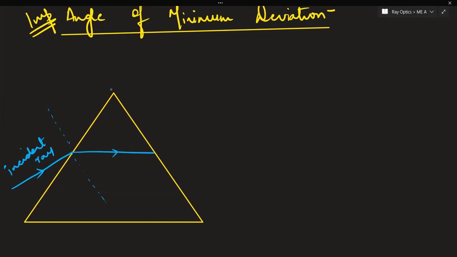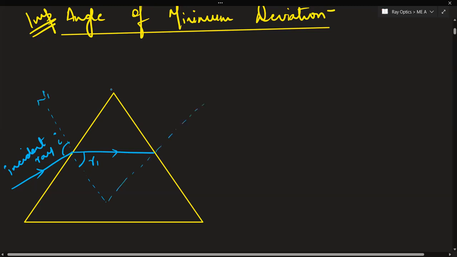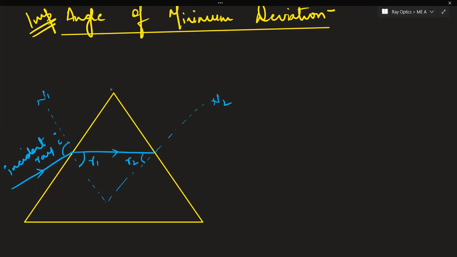So see, this is the angle of incidence. This is the angle of refraction, let's say R1. And at this surface also, we'll drop a normal, let's say N1. This is N2. And this is, let's say, R2, the angle of incidence from inside. And finally, it will come out and this becomes the angle of emergence.